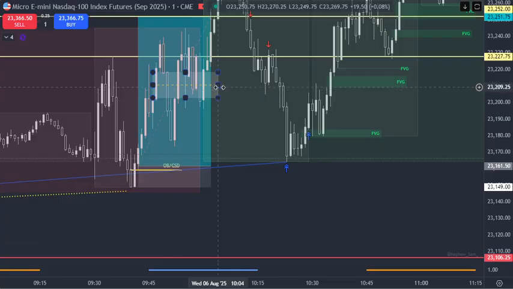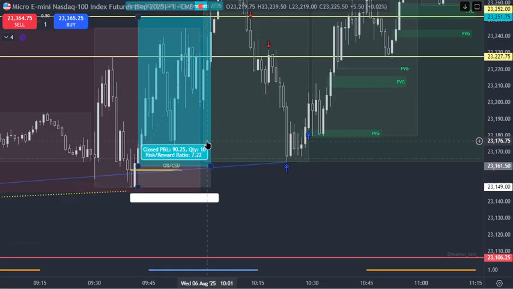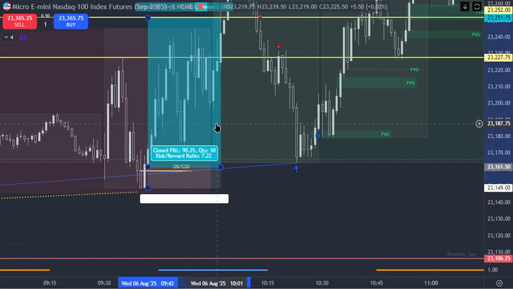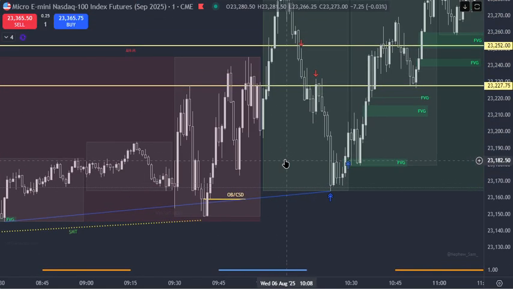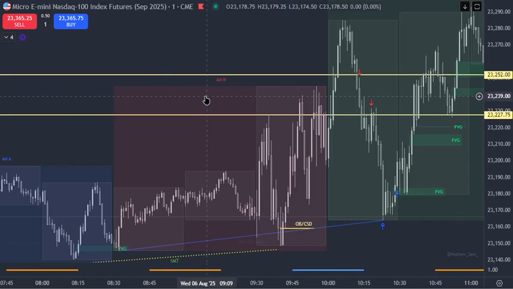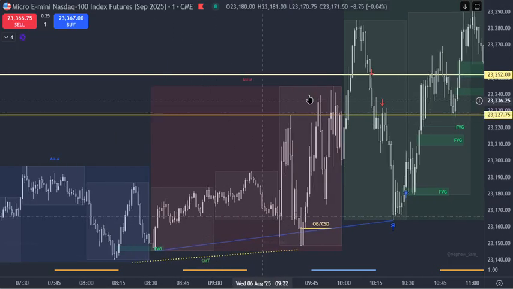So for the short, what I was looking for, we're still in the time of interest. We took London highs, and then we took the PM session highs from yesterday.